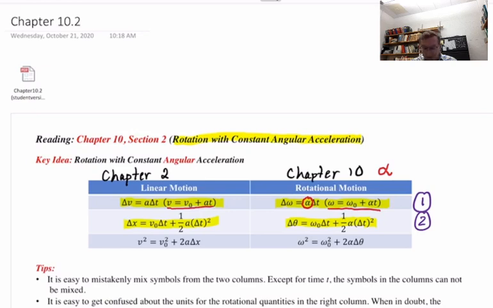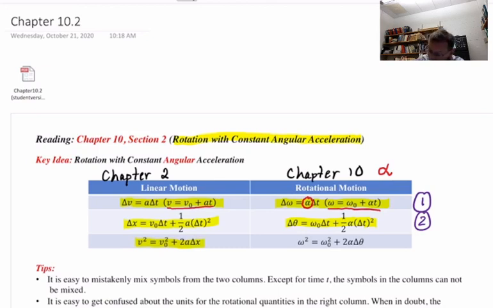That's equation 2 then. And the third equation that's handy, and I never need more than 3, is the one that doesn't involve a time variable, since some problems don't talk about time and don't ask about it. So the linear version is v final squared equals v initial squared plus 2 times a times delta x.